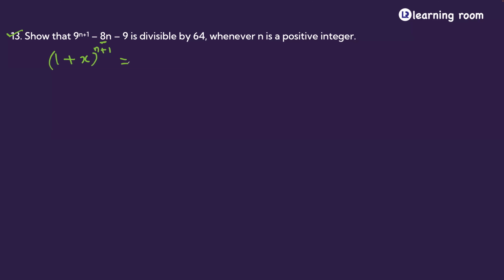So (1 plus x) to the power of n plus 1 means it is n plus 1 c naught plus n plus 1 c1 x plus n plus 1 c2 x square plus n plus 1 c3 x cube plus so on till n plus 1 c n plus 1 x power n plus 1.